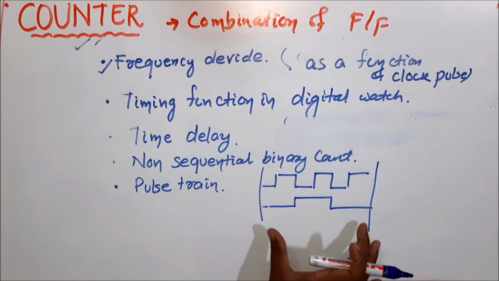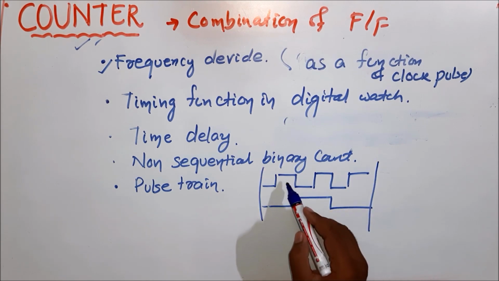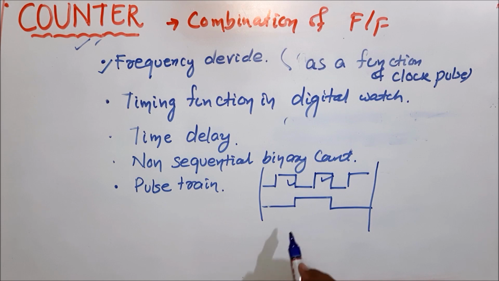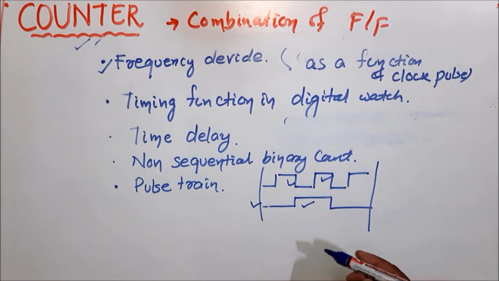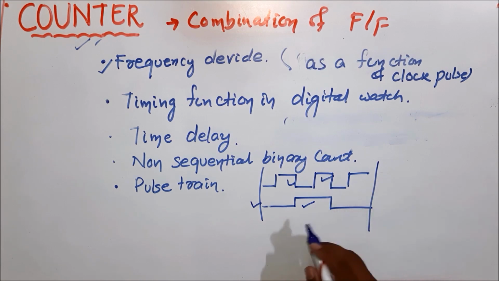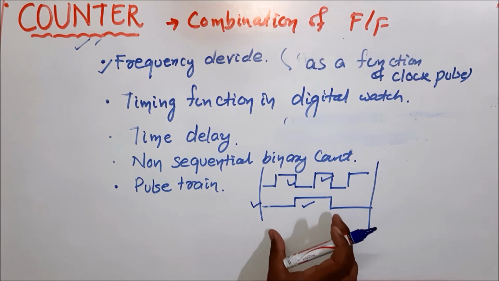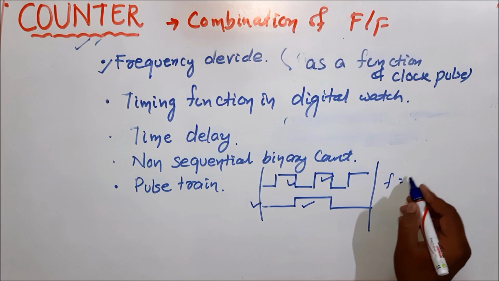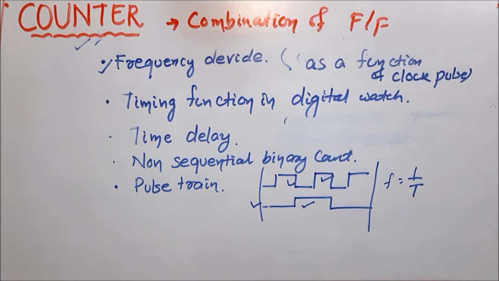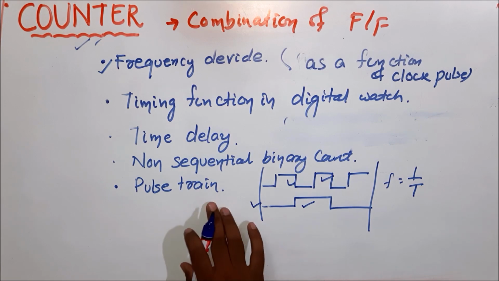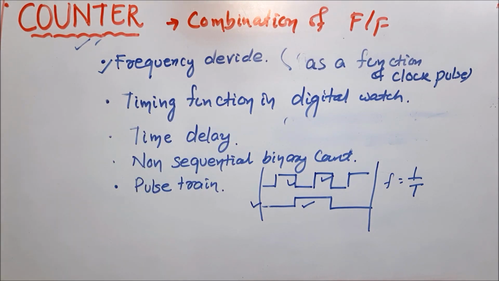Here you can see in this time interval we have two complete pulses, but in the second we have only one complete pulse, and you can see the time period increases. When the time period of a pulse increases, since frequency is equal to 1 by T, my frequency decreases. So this is the basic use of a frequency divider.